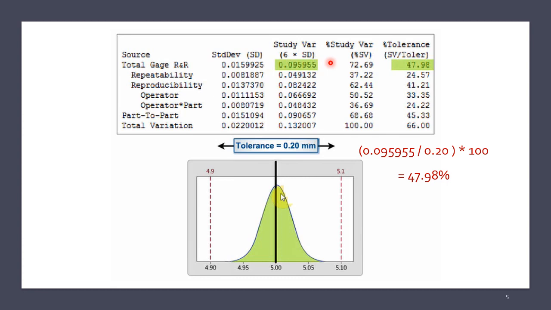We calculate the percentage of tolerance by dividing the study variation by the tolerance and multiplying this value by 100. This gives us the result of 47.98%.